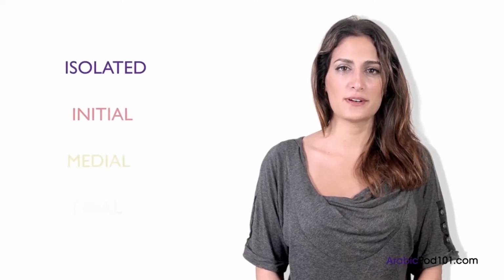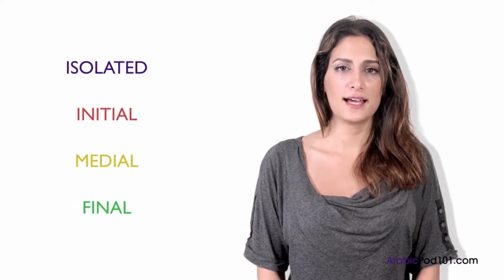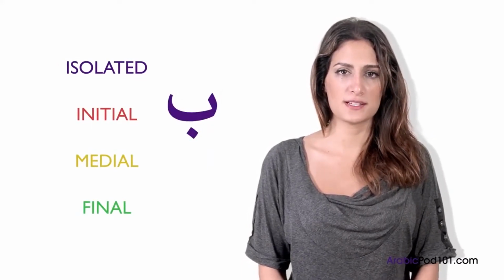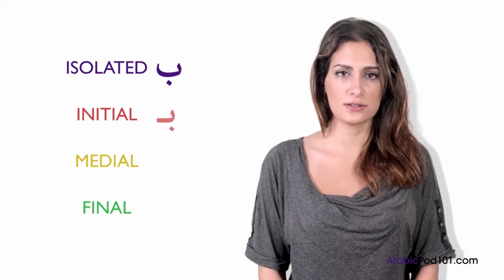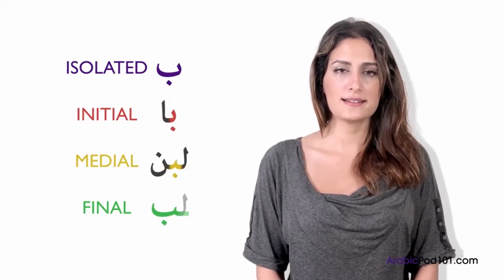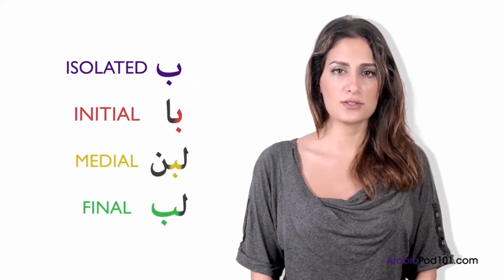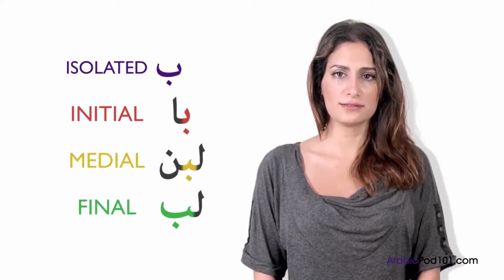As we studied in the previous lesson, there are many forms for every letter in Arabic. The letter ba has 4 possible positions: isolated, initial, medial, and final. Let's see the remaining 3. Initial, medial, final.